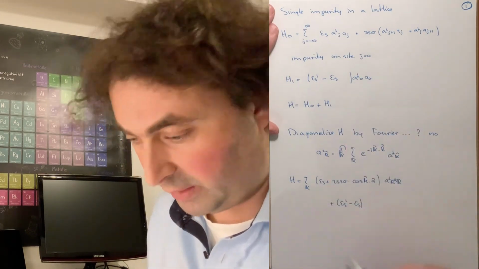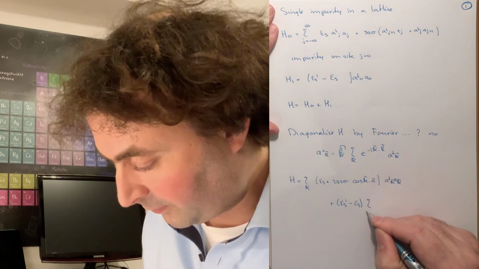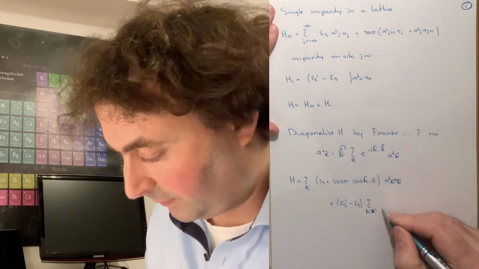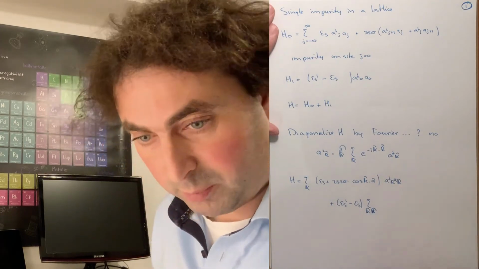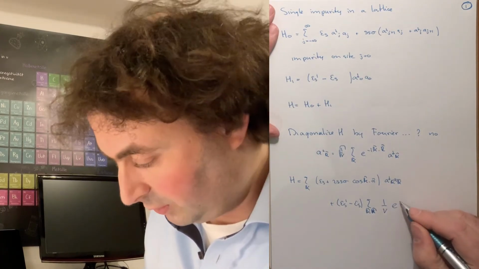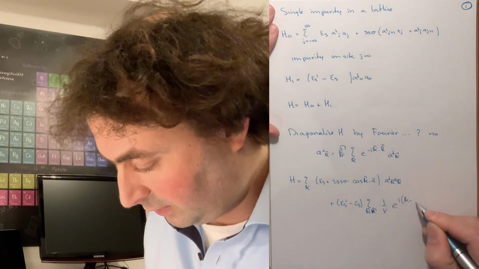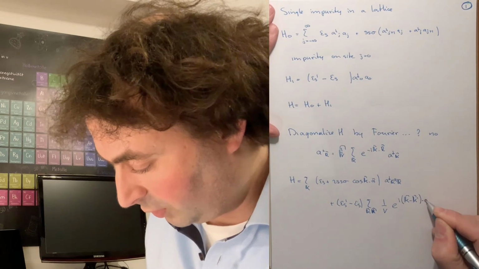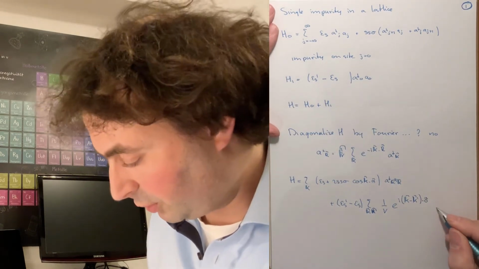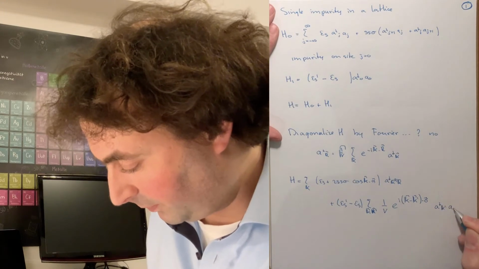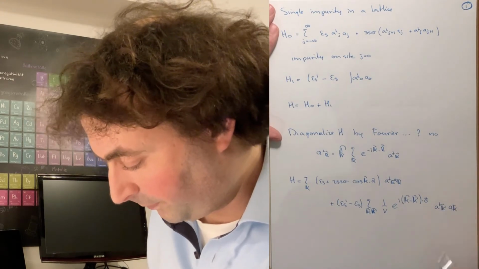But H1 is going to become much more involved than it was, because here it was only interacting on a single state, and it is now coupling all states in k-space with each other. It's a scattering between k and k prime of 1 over V e to the i k minus k prime dot 0, so in principle that will just be 1, a dagger k prime a k.